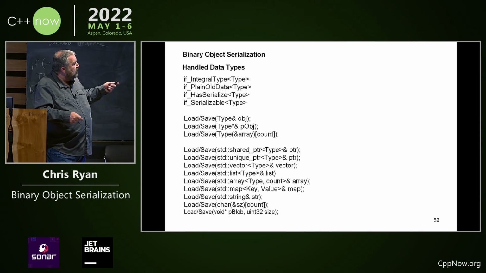And so not only do I have the specializations for the integral, the plain, that has serialized and serializable, I have the further specialization for shared pointer, unique pointer, vectors, lists, arrays, maps, strings, char strings, or a blob.